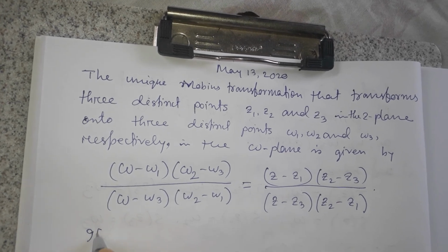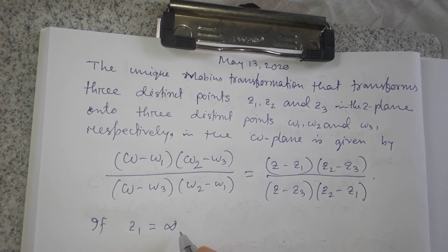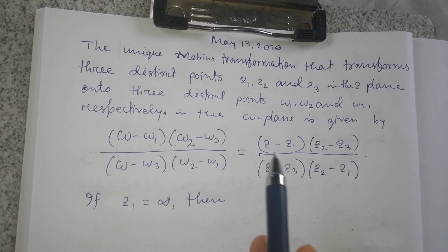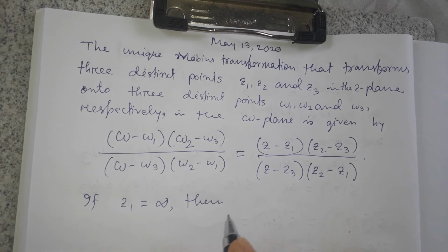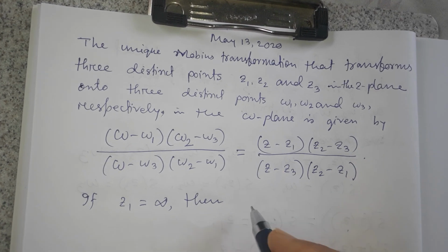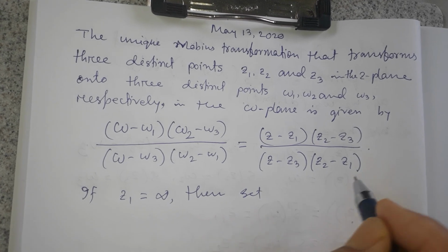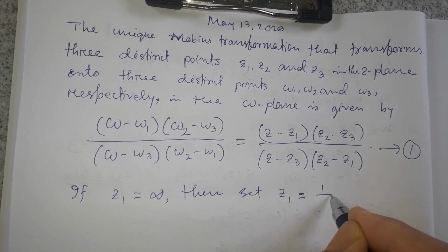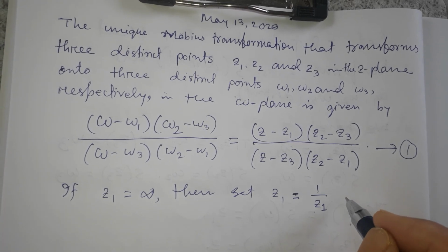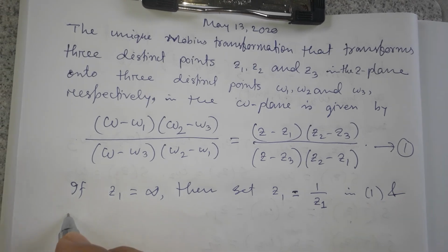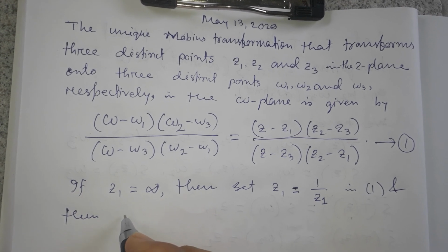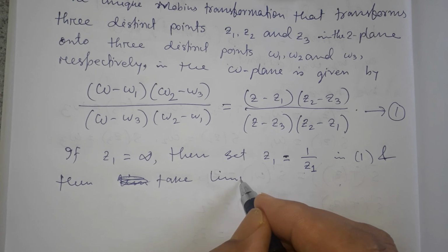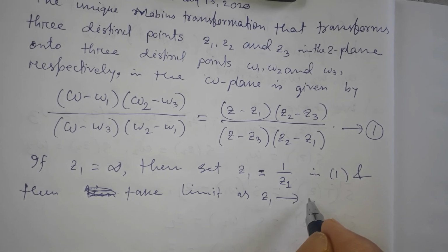Because we know that this Mobius transformation is a continuous mapping from the extended Z plane to the extended W plane, we need to show only that you put Z1 equal to 1 over Z1 in this transformation, and then take the limit as Z1 goes to 0.